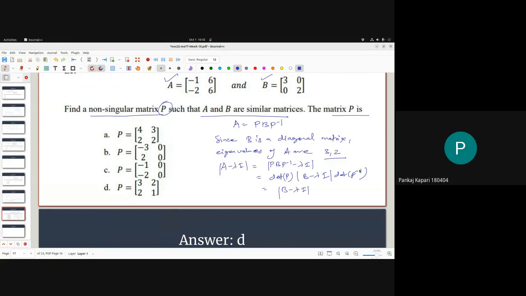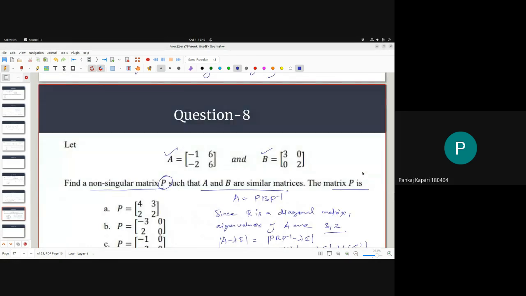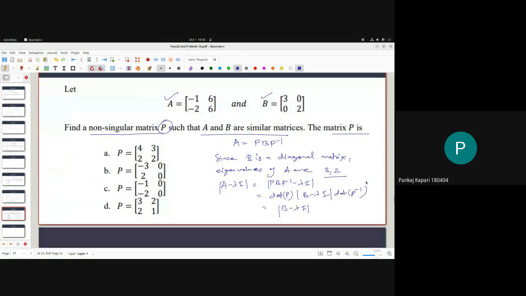Let's find out the eigenvectors for this particular matrix. First, start with lambda equal to 3. We have to solve the equation A minus 3 times identity into V is 0. For that, what is A minus 3 times identity?